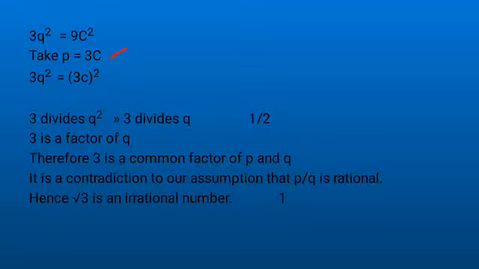Squaring both the sides, 3q square is equal to 3c whole square, and 3q square is equal to 9c square. 3 divides q square, therefore 3 divides q also. So 3 is a factor of q. Therefore 3 is a common factor of p and q. It is a contradiction to our assumption that root 3 is p upon q, rational. Hence root 3 is an irrational number.